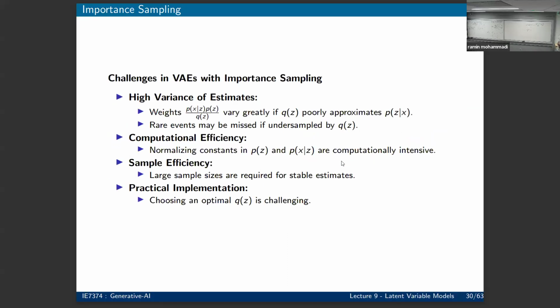So the challenges with variational autoencoders and importance sampling are, well, the first one is the high variance of the estimate. That means the weights can vary a lot if your q(z) is bad. If you pick q(z) wrong, it means this q(z) is not a good approximation of what we assume it to be.